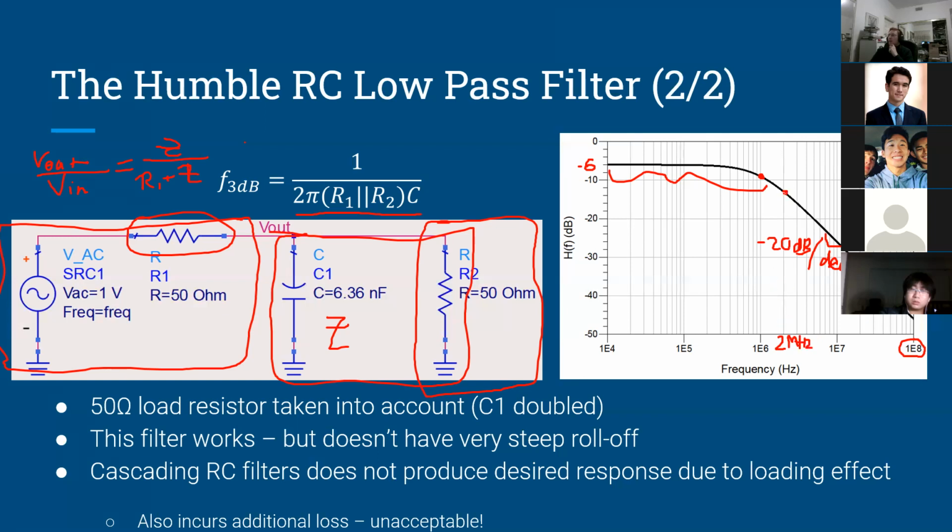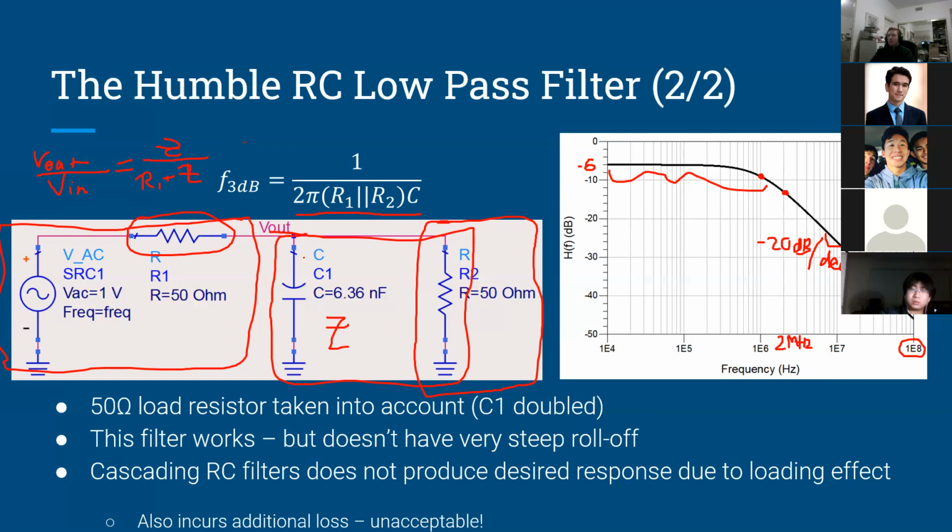If I look at how much rejection we get, this is at like minus 14 or so. So that's only 8 dB below the passband, which is not much. It depends on the exact application, but 20 dB is nice. 40 dB is even nicer. So clearly, you need to do something more in order to get higher rejection at lower frequencies.